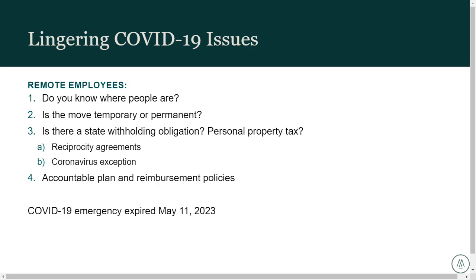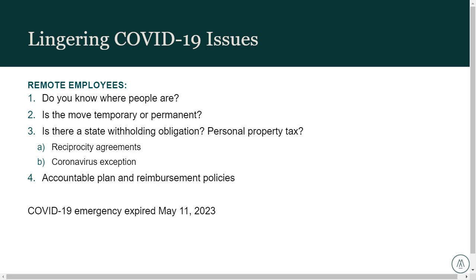Another consideration to continue to think about are your accountable plans and reimbursement policies. You'll want to review whether you're coding these reimbursements appropriately as taxable or non-taxable income on your employees' payroll checks. For example, how is commuting defined now that employees are working from home, and how can this be applied to travel reimbursements in terms of taxability?